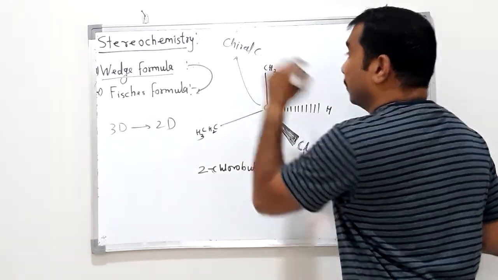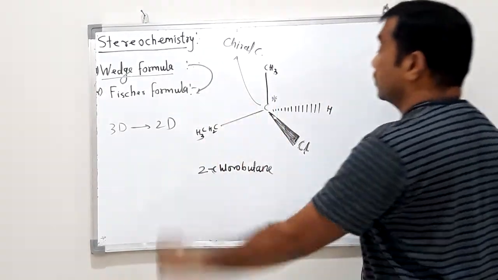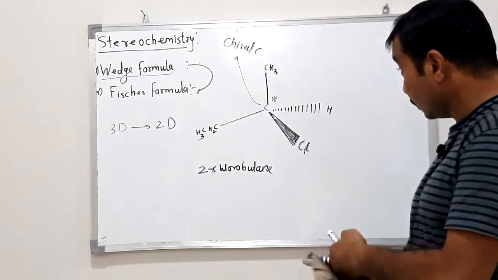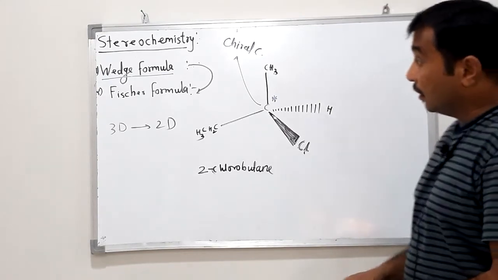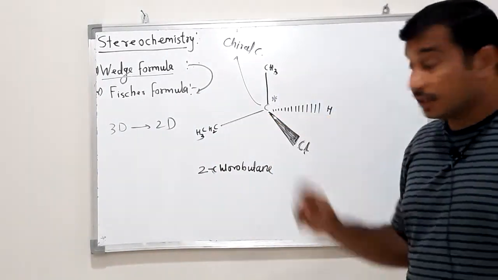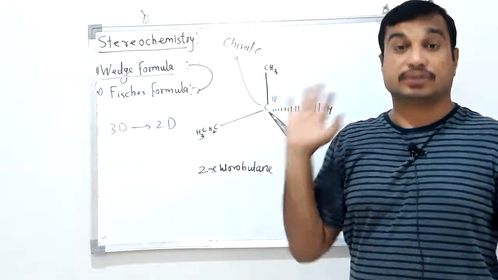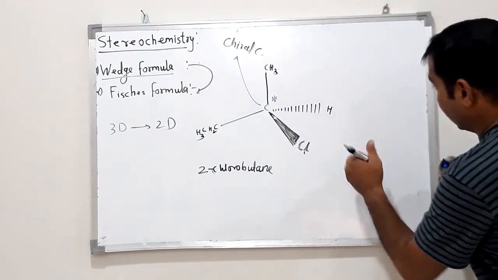Chiral carbon is denoted by this asterisk sign. In Fischer projection formula, such a chiral carbon atom is represented by a cross like this.